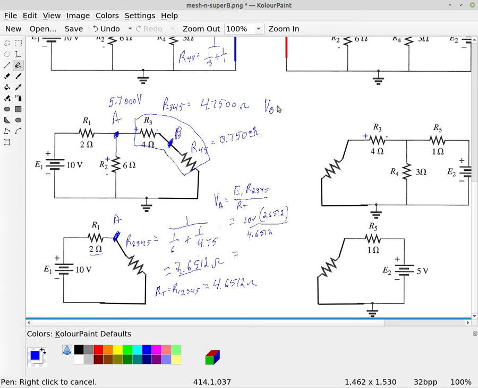So VB is equal to VA times this resistor R45, which was 0.75, divided by the combination, which is 4.75.